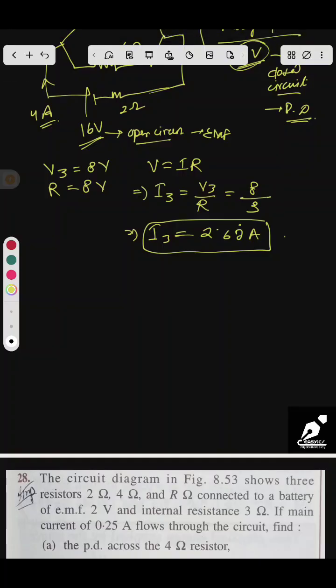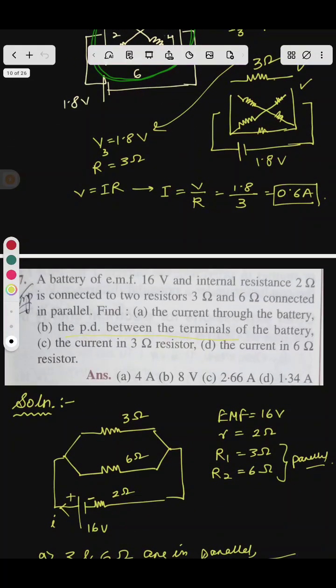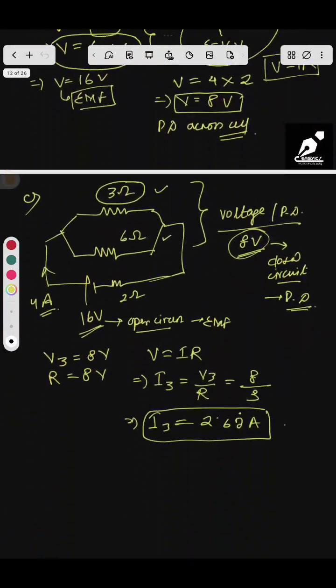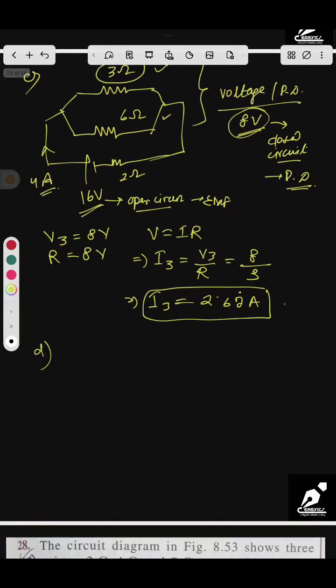Okay. The next part is current in the 6 ohm resistor. You can easily calculate the current in the 6 ohm resistor in the same process. The 6 ohm resistor, resistance is 6 ohm. It will be having a voltage of how much? 8 volt, because the battery is giving 8 volt in the closed circuit. 3 and 6 are in parallel, so both 3 and 6 receive 8 volt.